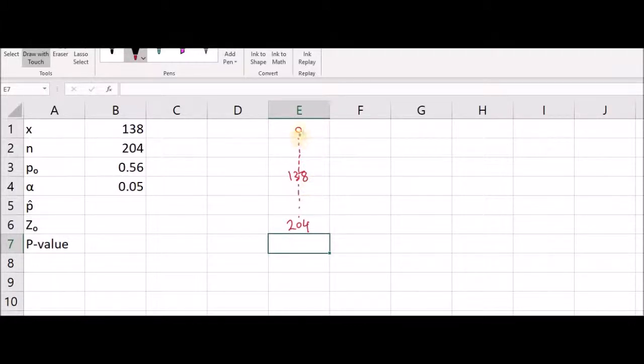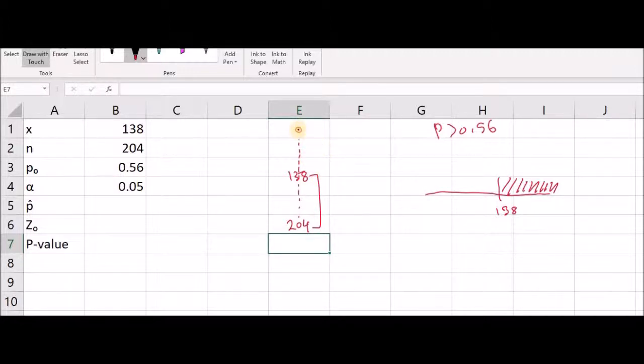So basically this is a right-tail test because p is greater than 0.56. If I'm talking about a normal distribution, then 138 will be right here, and I want to find the area here. The area is the sum of all of those numbers right here. But if I use the binomial function, it accumulates from the start.